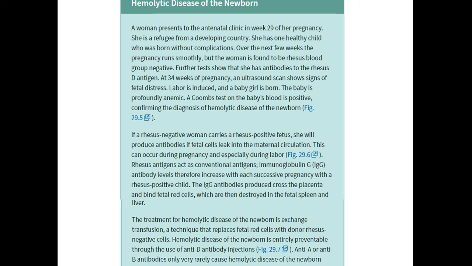And then later, to prevent that from happening, usually the minute that we know that the mother is pregnant with an Rh positive baby, we give that mother a high dose of what we call RhoGAM, which is anti-D antibodies. So if any red blood cells could escape during delivery, then they will be neutralized by these anti-D antibodies.